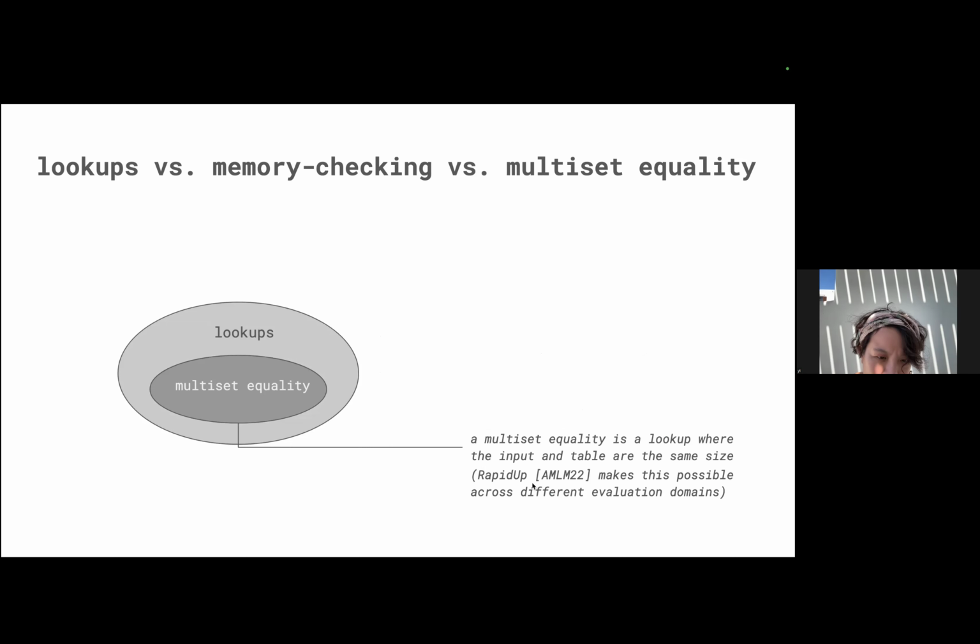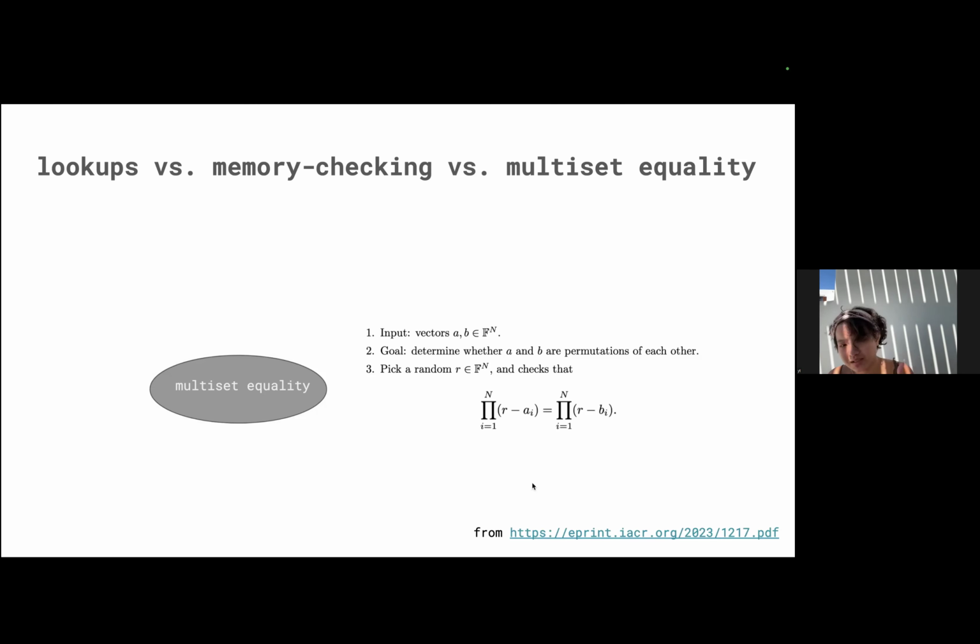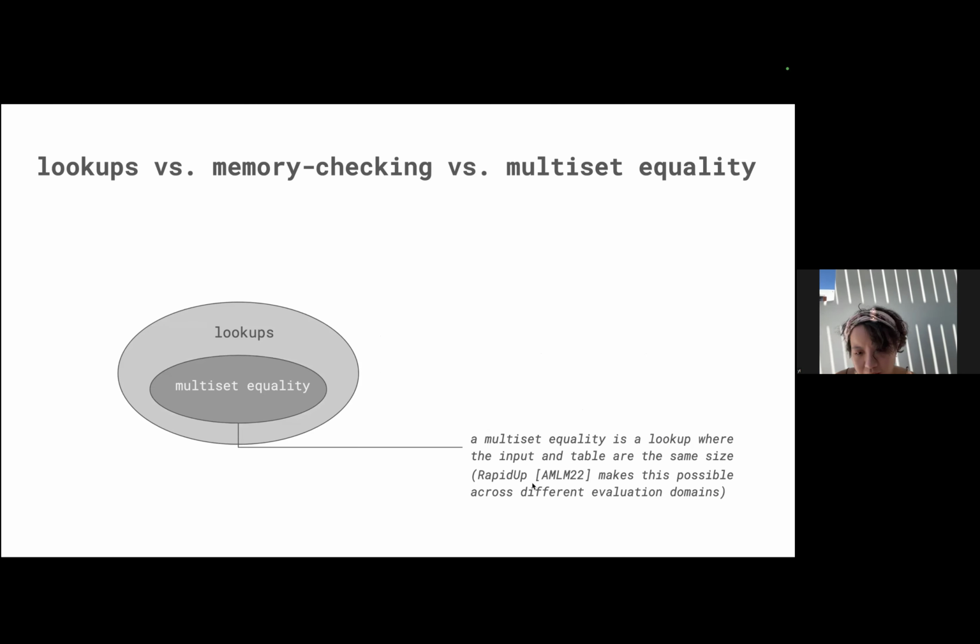So a multi-set equality can also be seen as a very special case of a lookup where the size of the input is exactly the size of the table. They have the same number of elements.